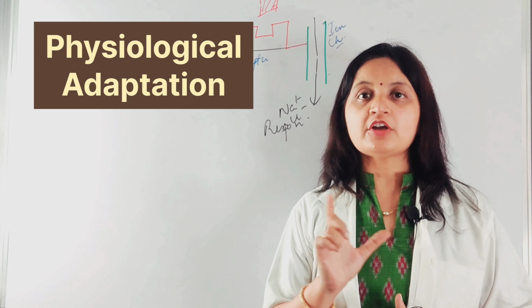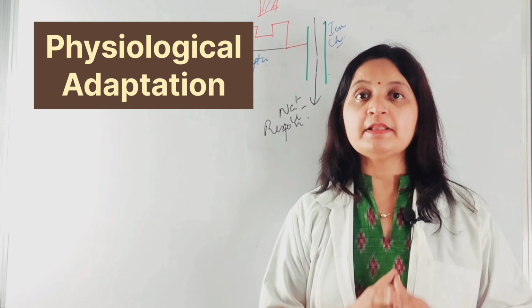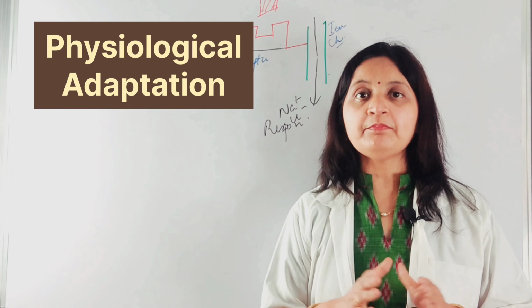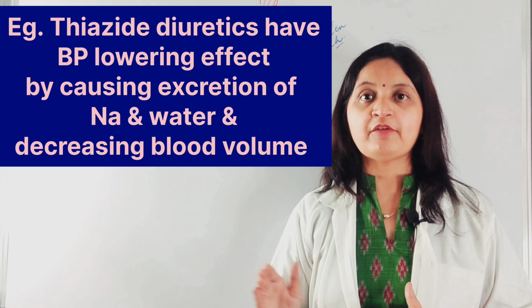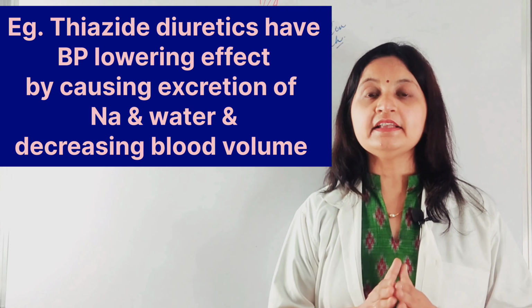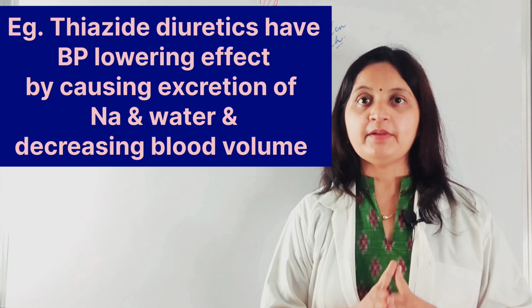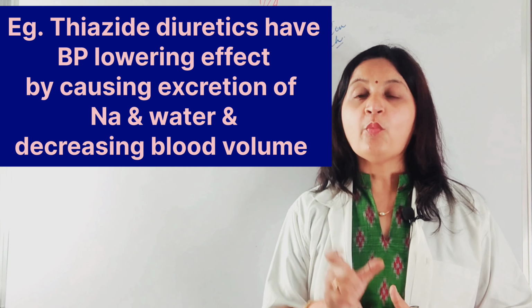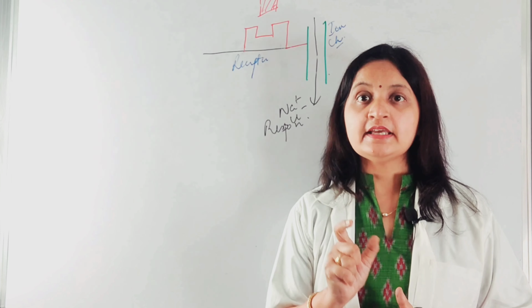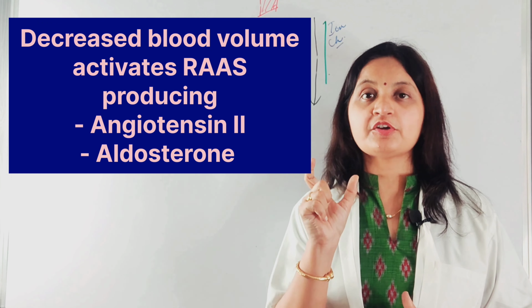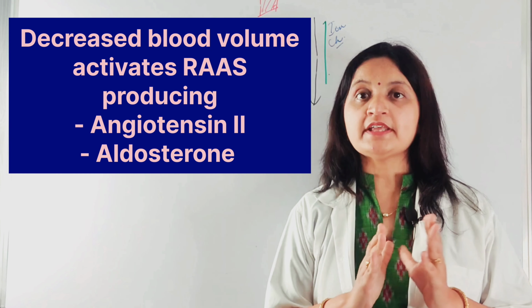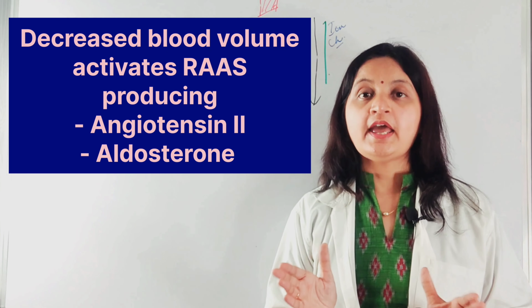Next point is physiological adaptation. For example, thiazide diuretics have a blood pressure lowering effect by causing increased excretion of sodium and water from the body, decreasing the blood volume and decreasing the blood pressure. However, when the blood volume decreases, there is compensatory activation of the renin-angiotensin-aldosterone system, producing angiotensin II and aldosterone.